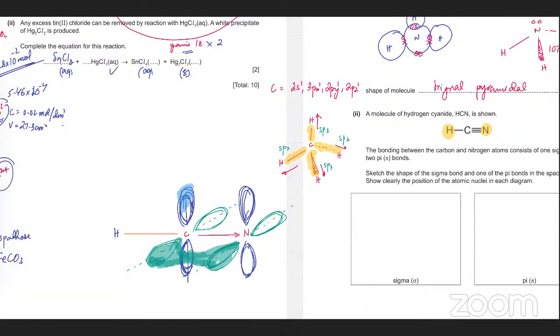So the blue ones, they're also in parallel, and they would start to overlap above and also at the bottom as well.